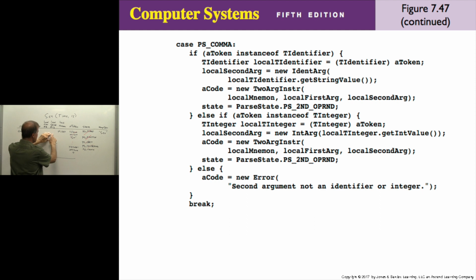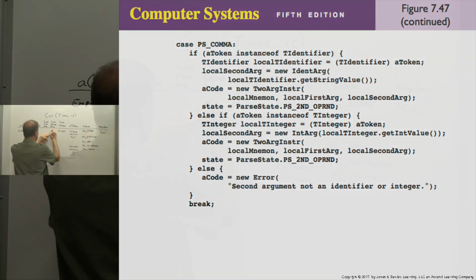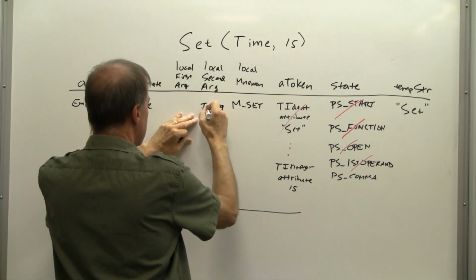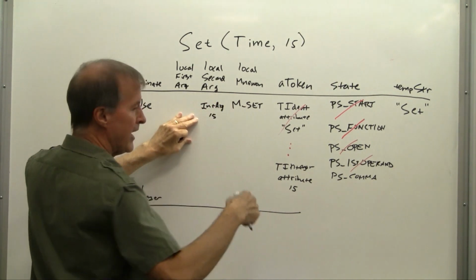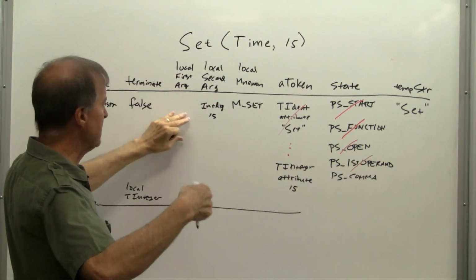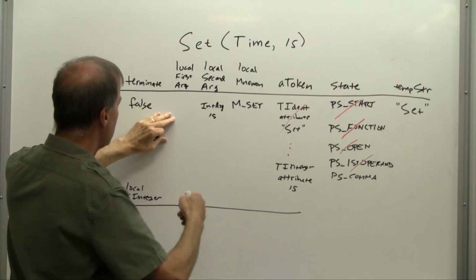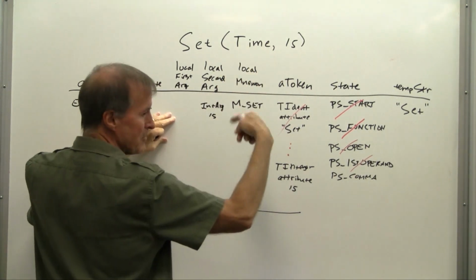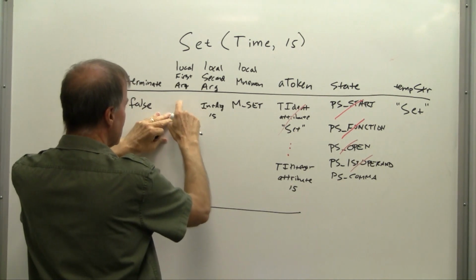So this local second arg is an int arg, initialized to an int arg with 15. And earlier in the process that we skipped, that local first arg was a what? When it scanned the time and we skipped over that, what was that for the local first arg?